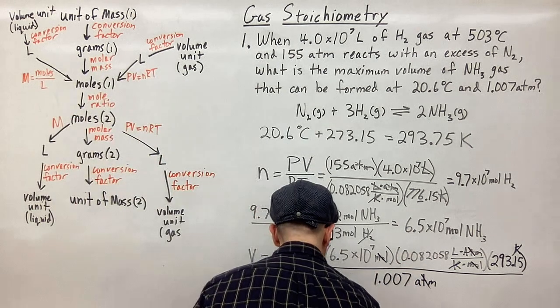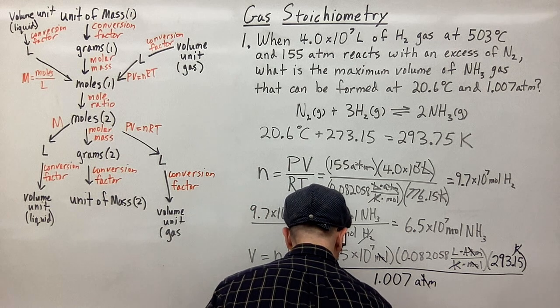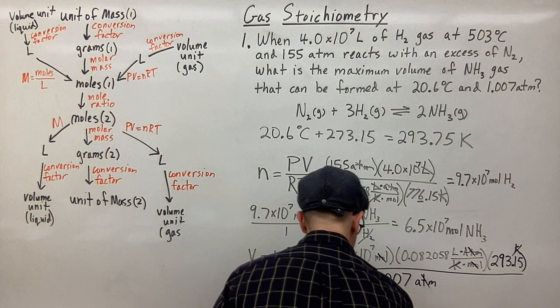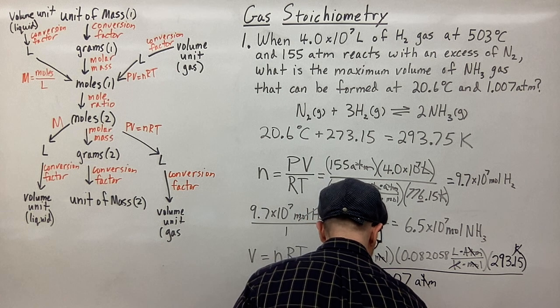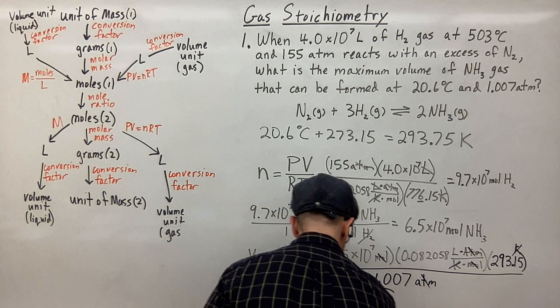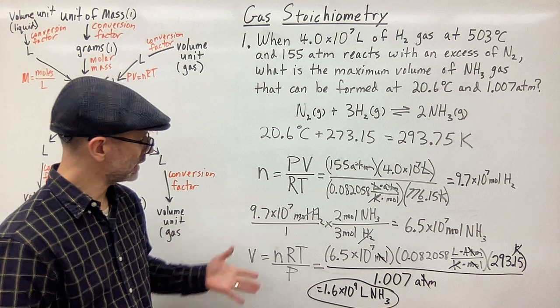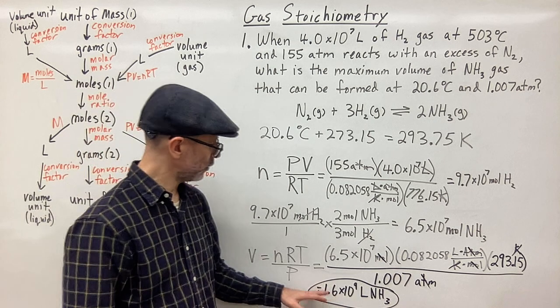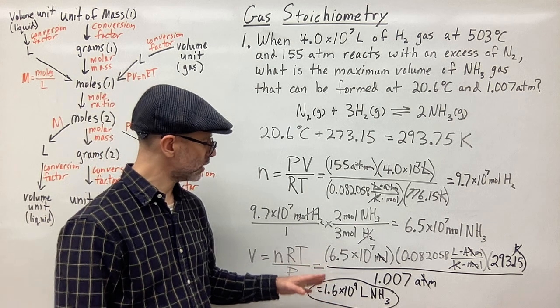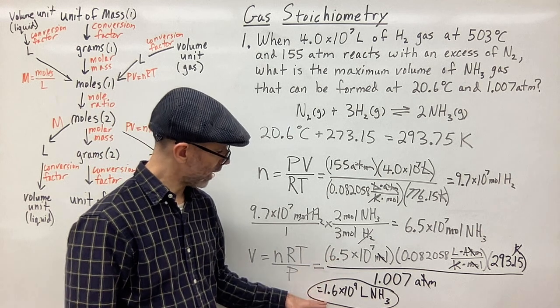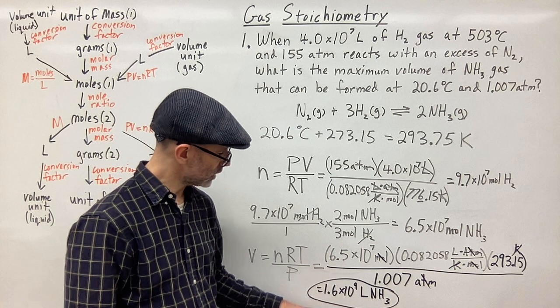So this is going to be equal to 1.6 times 10 to the 9 liters of NH3 gas. So that is the answer. Again, sig figs, we have 2 sig figs here because the least number of sig figs in our measurements is 2 sig figs.